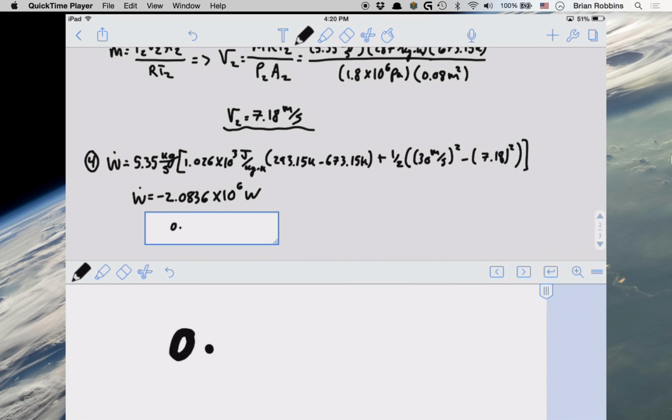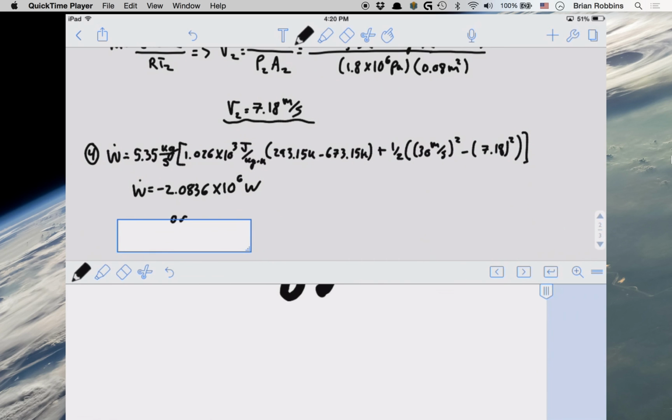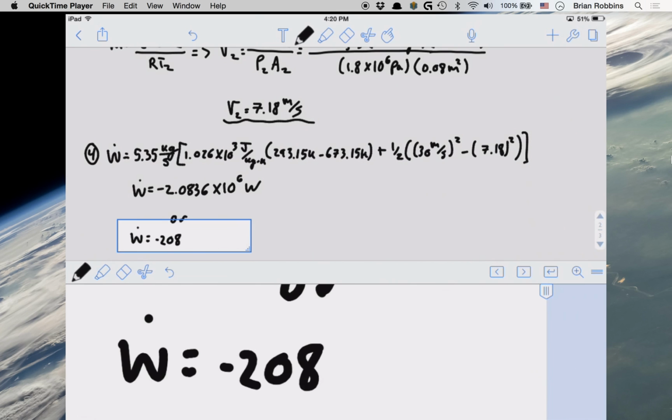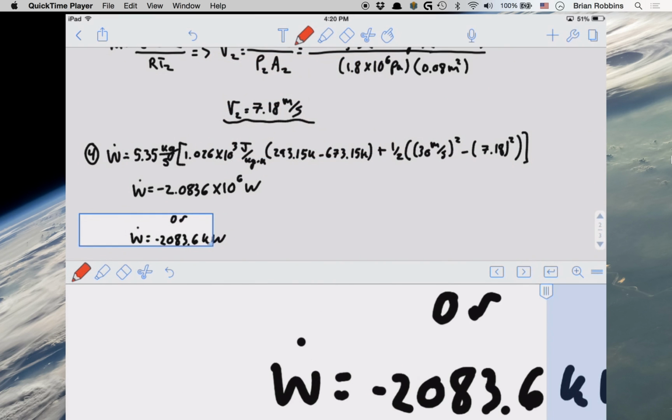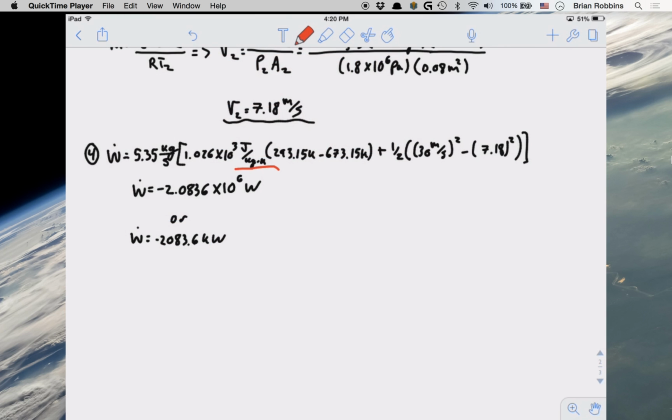Or we can rewrite this in terms of kilowatts as minus 2083.6 kilowatts. And that is our final answer.